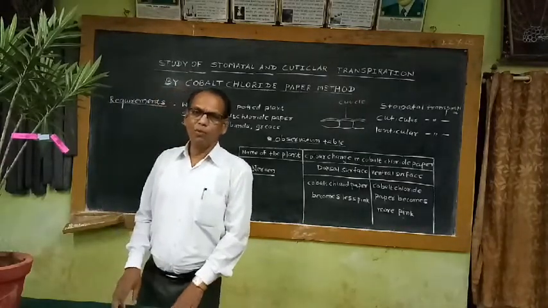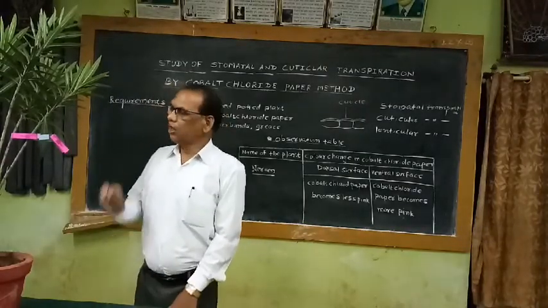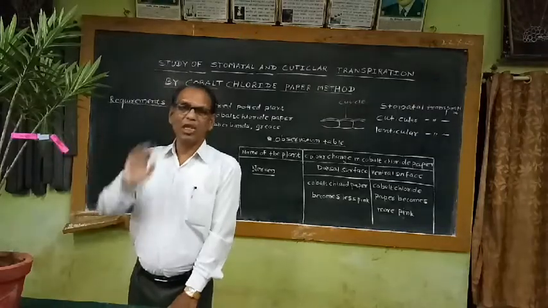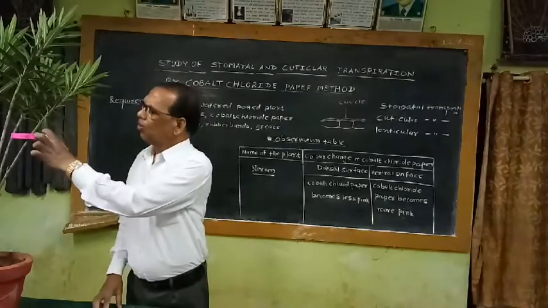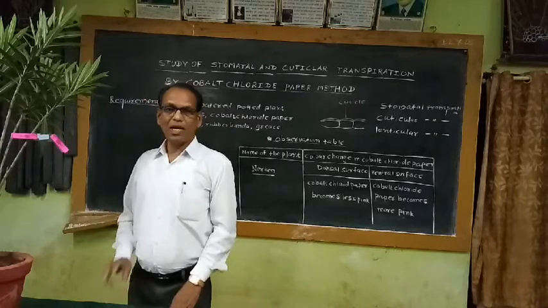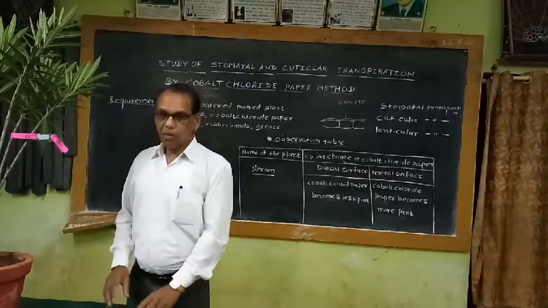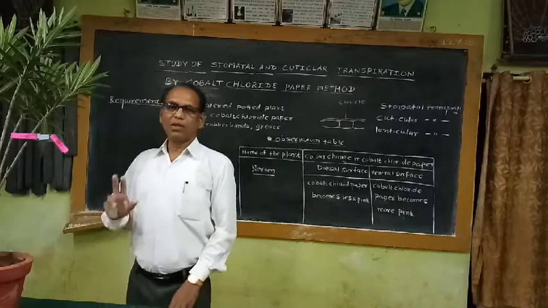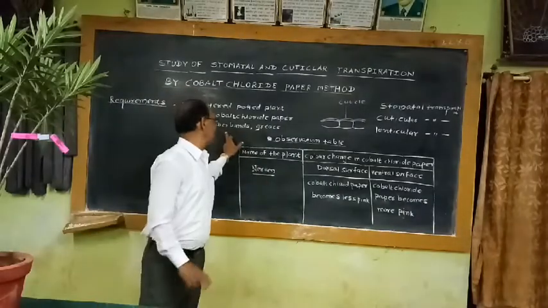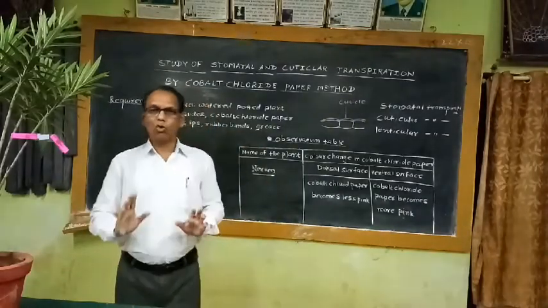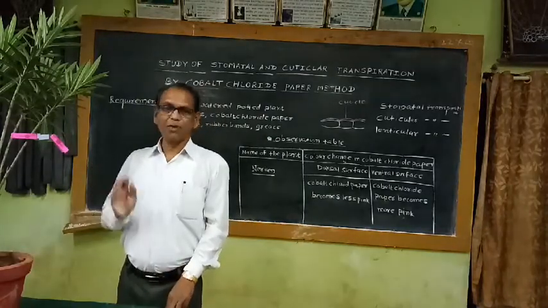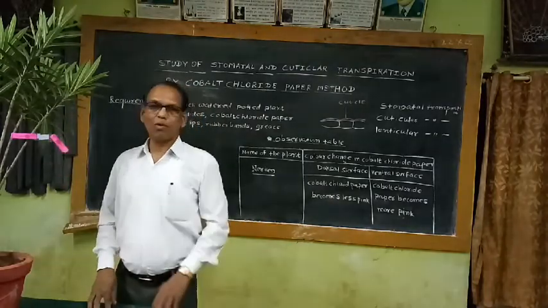And in order to prevent the contact of this cobalt chloride paper with atmospheric moisture, the open region of the slide should be filled with grease in order to prevent the entry of atmospheric moisture towards this cobalt chloride paper.